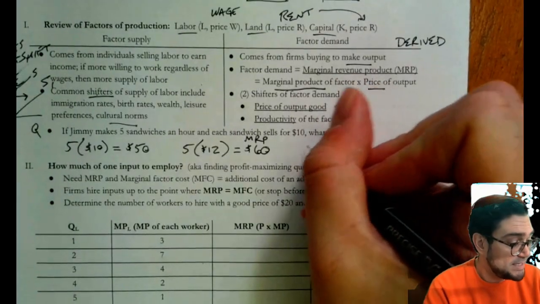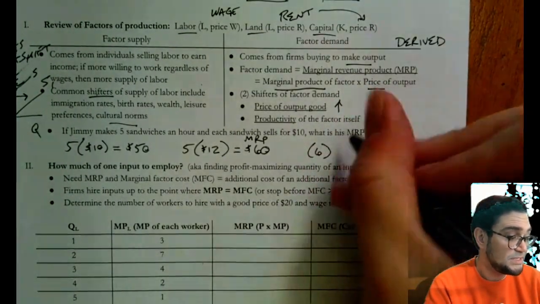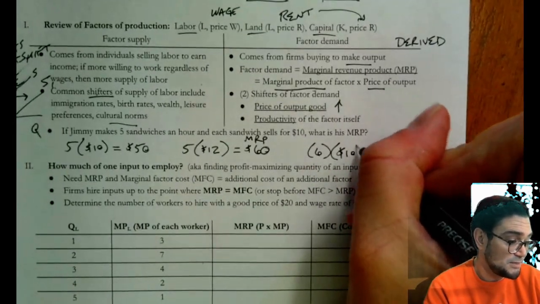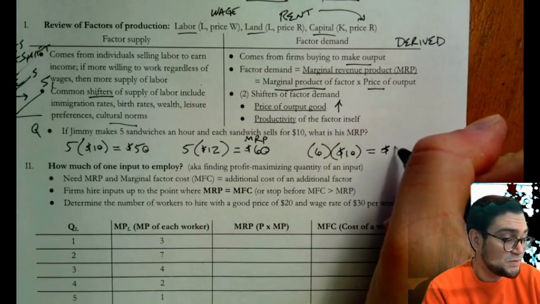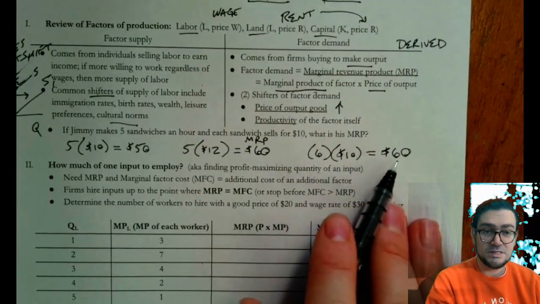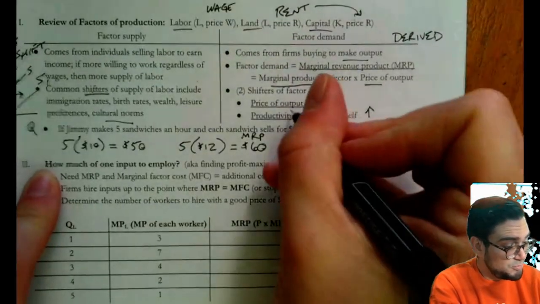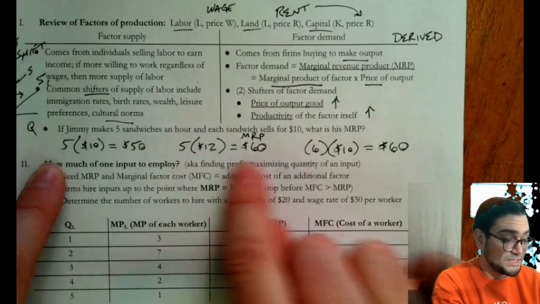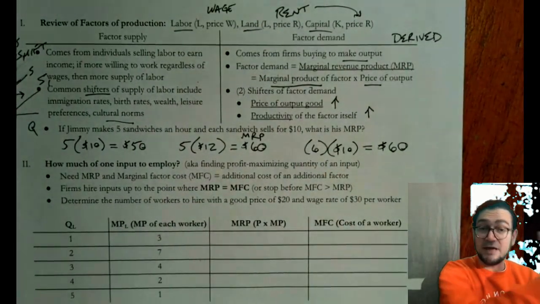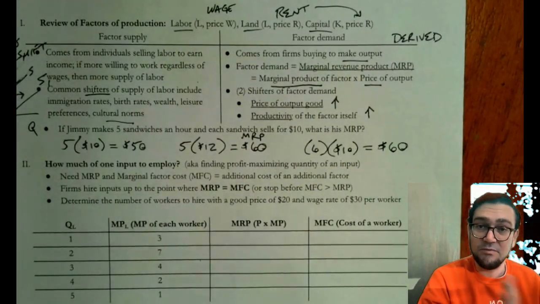Likewise, we would say that if Jimmy all of a sudden could produce 6 sandwiches and we still sold them for $10, he would now be worth $60. And so if we increased his productivity by 20%, we went from 5 to 6, that would also increase the demand for Jimmy by 20%.